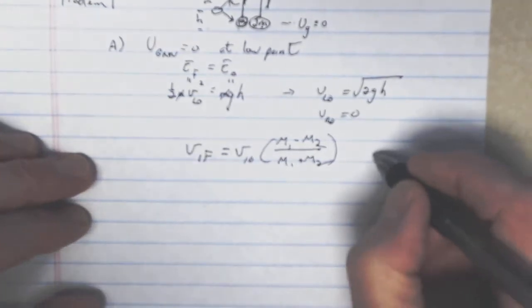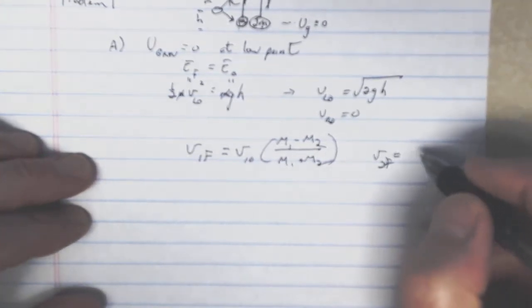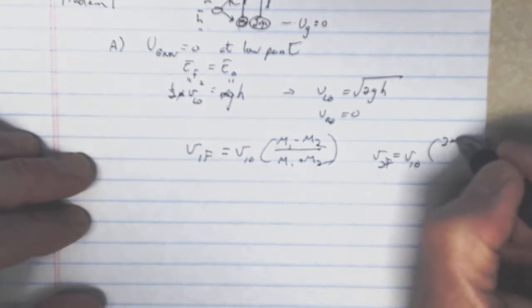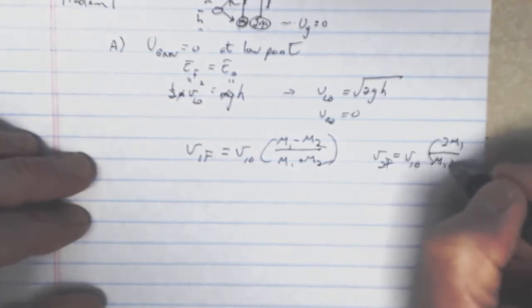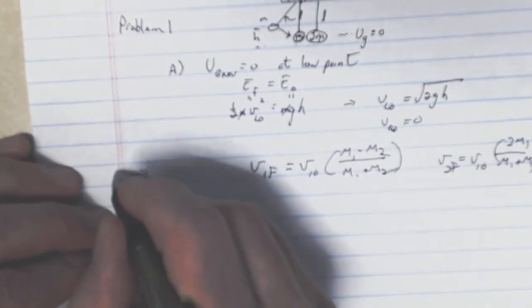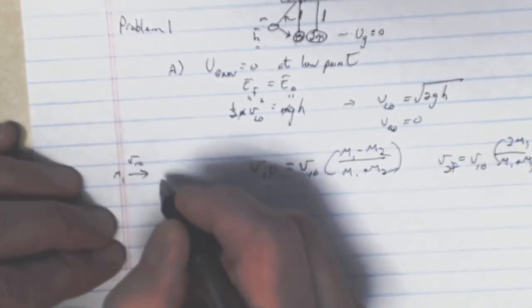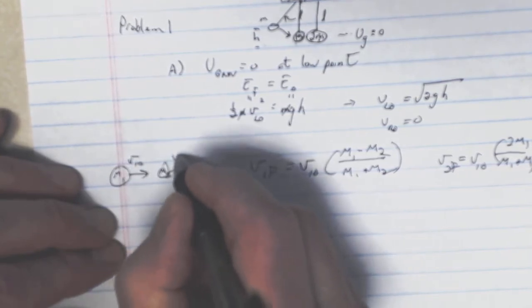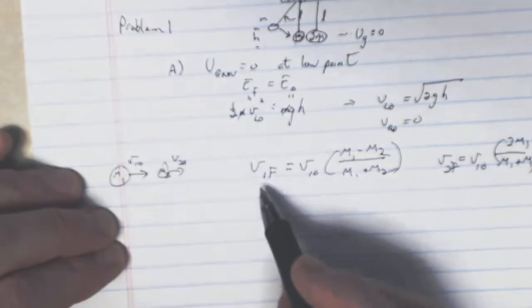And V2 final equals V1 naught times 2M1 divided by (M1 plus M2). So that's a very general collision with M1 moving with a velocity V1 naught and M2 moving with a velocity V2 naught. That's how we arrange things in class.